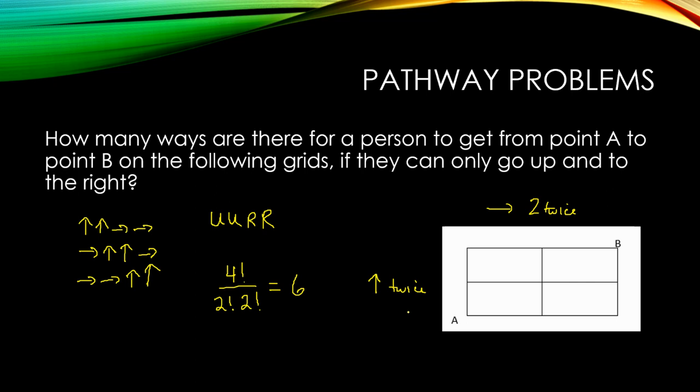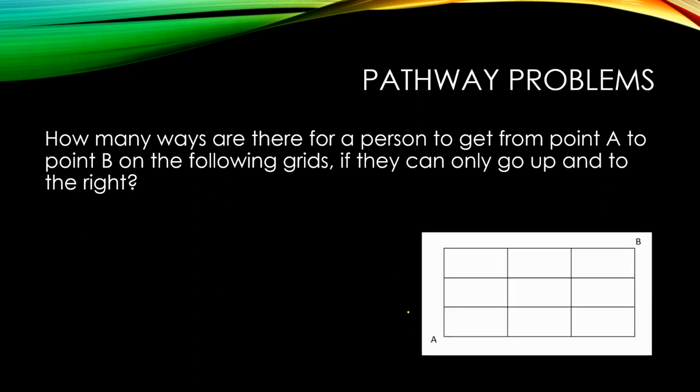Can you guys apply the same strategy to the next one, which is a 3x3 Lake City grid? How many ways could you go from point A to point B on this one? So you can pause the video and unpause when you're ready, or do it along with me here. In this question, from A to B, that would involve going up 3 times and right 3 times.